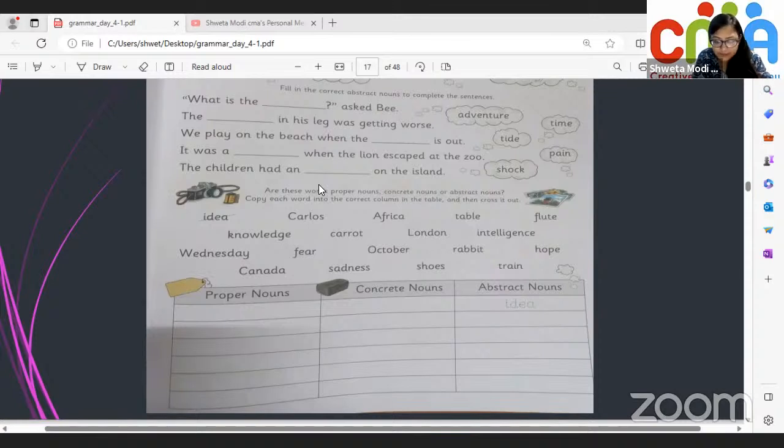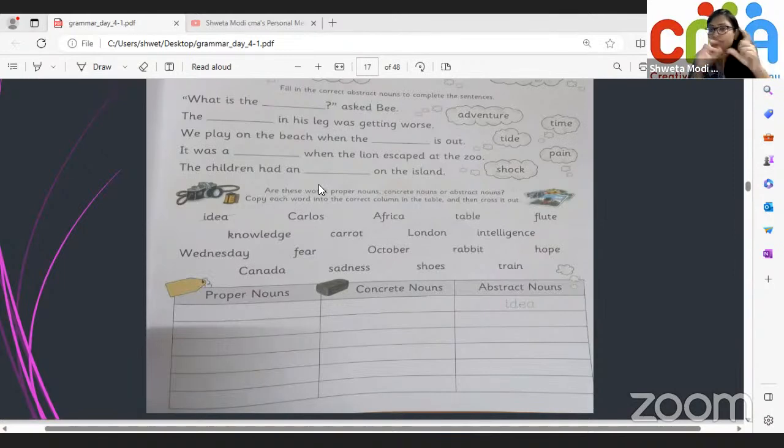Komal is asking a question. I have a doubt. We tell that person, place, animal, thing is a naming word. So now for abstract nouns, how to explain to kids that these are also nouns? Yes. So now they are in grade 4. So we are telling them that there are proper nouns, and then there are concrete nouns, and then there are abstract nouns. A proper noun is a special name which starts with a capital letter. Concrete noun, if you can see; abstract noun, if you cannot see.